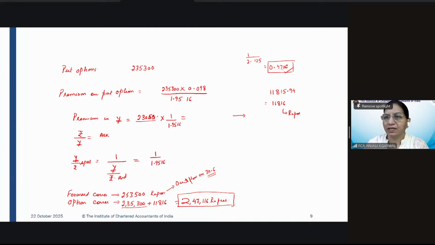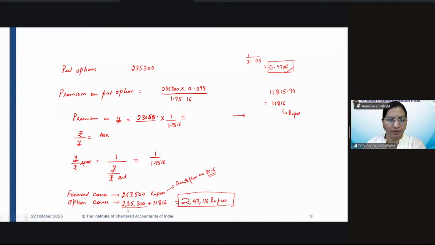Now, if this has to be more, we can also say that if the yen depreciates further, that means if it is more than 2.125, it goes to 2.3, 2.4, then you will not use the option cover. Okay. So options you can allow to lapse also. It's not a compulsion that you have to follow the option. You can let it lapse.